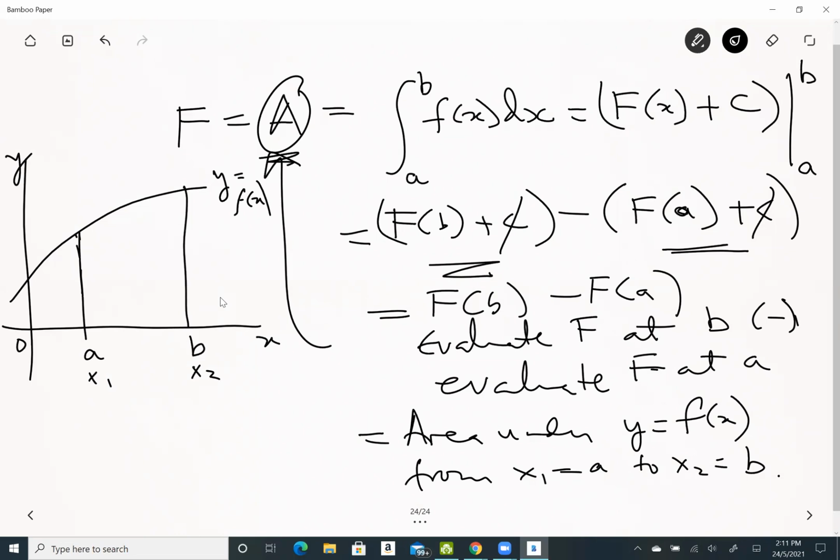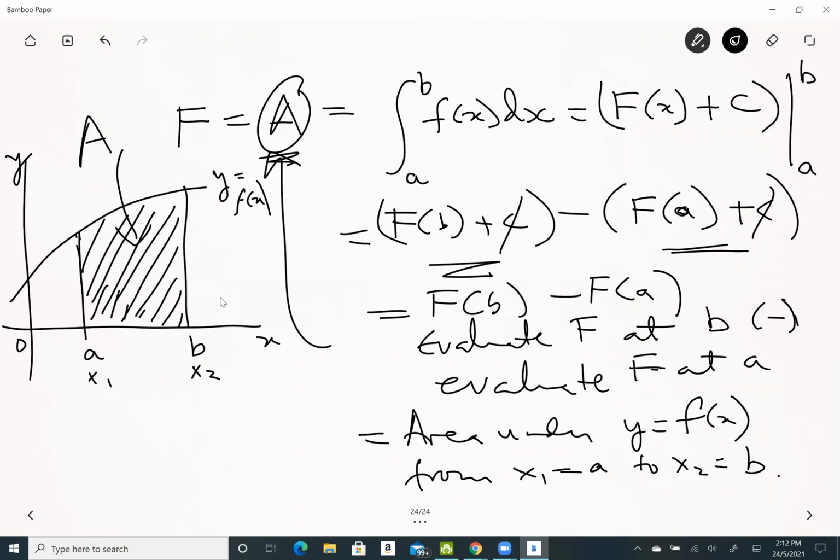So that is interval a, b. I want to find the integral over that interval. The value of the integral is the difference between F(b) and F(a), and that is the area under the function between a and b. So that is the definite integral.